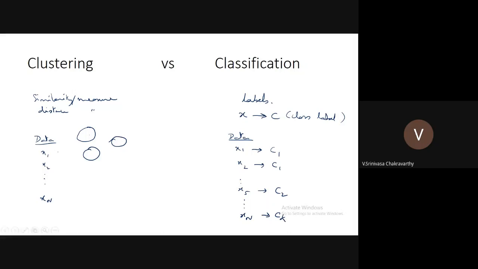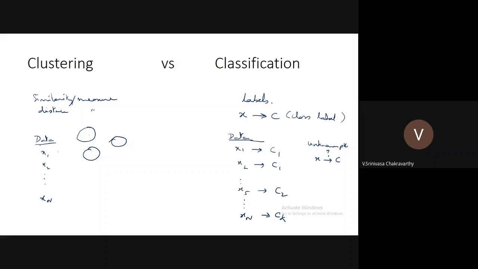I might have K labels, and I have to allocate some label to each of the data points. So given data like this, what is the problem? If you have an unknown point X, what is the label? It has to be one of these labels. So the data given to you is a bunch of data and their corresponding labels, and then you'll be given an unknown point. You have to find out what is that label.